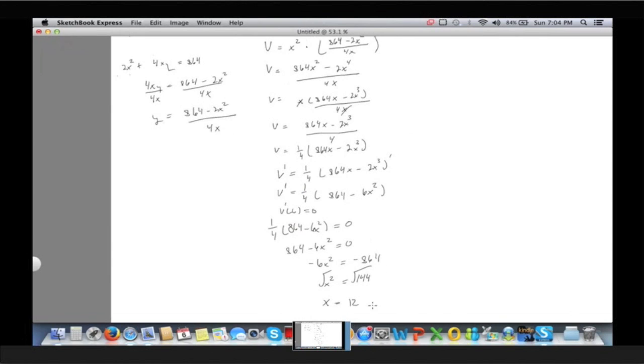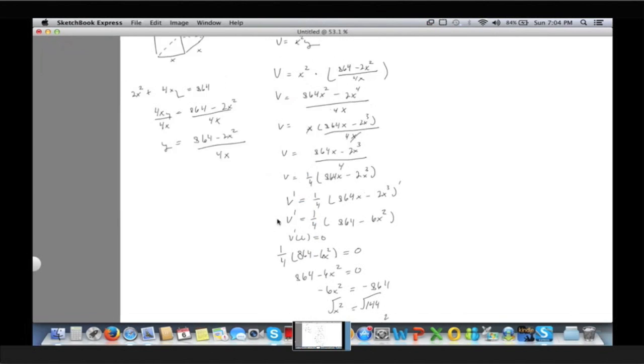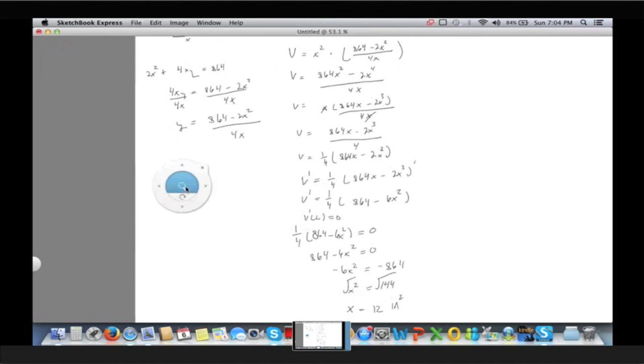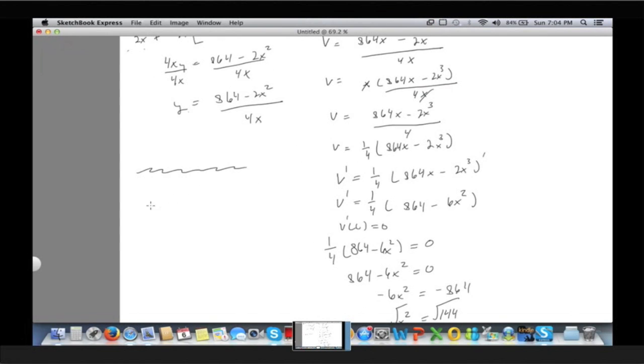And now to find y: 4 times 12, 864 minus 2 times 12 squared divided by 48 is 858.